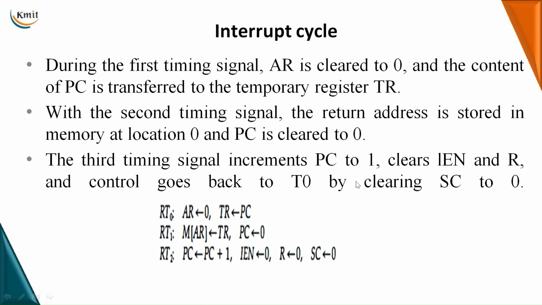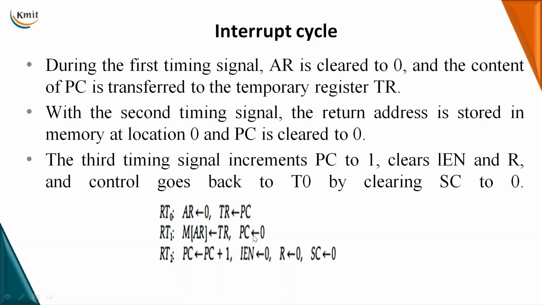The contents of the PC are transferred into the temporary register at clock cycle T0. At timing signal T1, the return address, the old PC value in the temporary register, is transferred into the memory location pointed to by the address register, which is 0. So at M[0], the PC value transferred to the temporary register is placed into the 0th location of the memory.